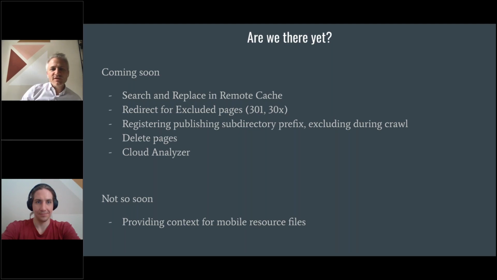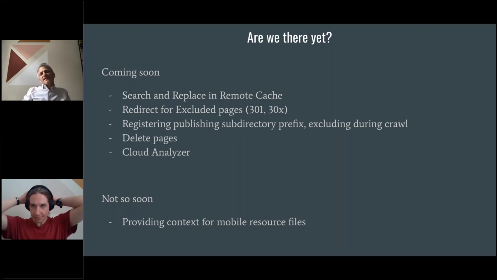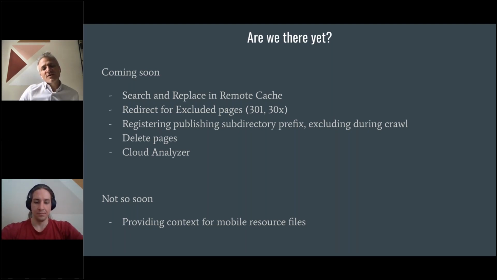The third one that has been requested: whenever a project is published in subdirectory mode, by default we don't take any further action. If the reverse proxy or content delivery network is properly configured, we deliver those pages. Now, it turned out that in certain situations and configurations this can lead to problems, and that these subfolders should be excluded manually for the crawl engine.